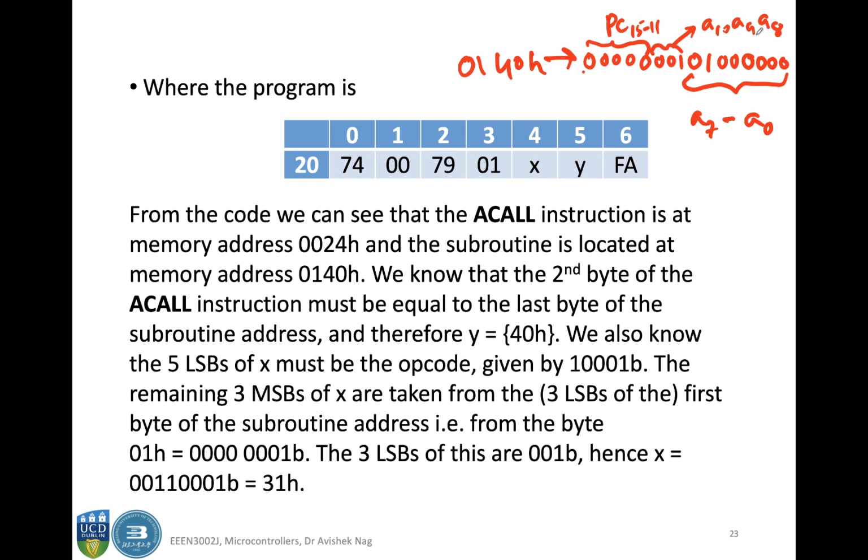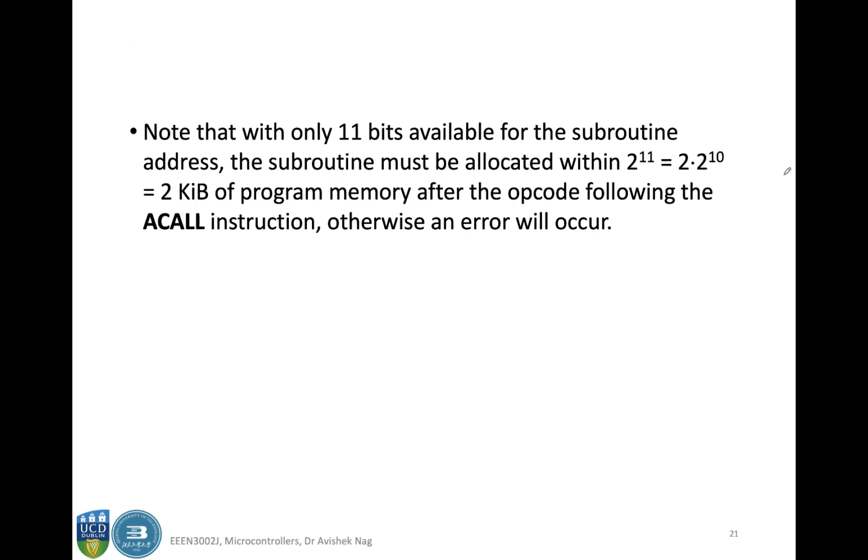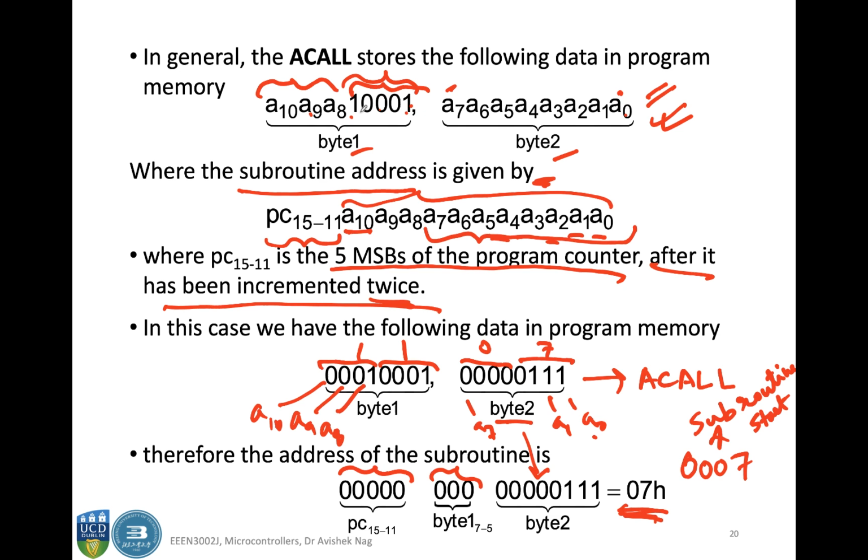Okay, so basically your ACALL instruction is basically 0, 0, 1, these are the 3, and then this is the fixed bits. So if you recall, the 1, 3 zeros and 1, these are the fixed bits.